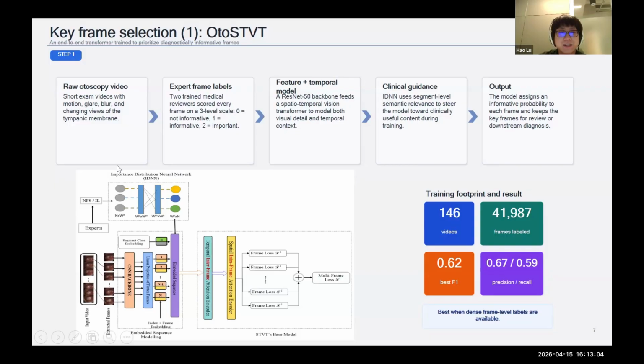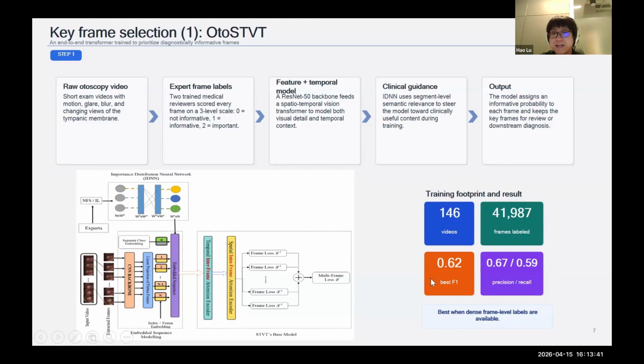So we add a new IDN network. This network gives the expert information to tell the model which frame contains the most important clinic information. By injecting this information, the STVT model can remove those frames that don't contain any clinic information.